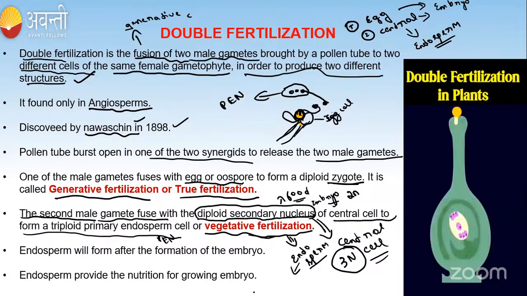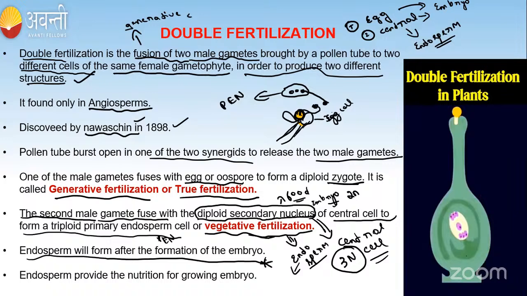Okay, fine. So the endosperm will form after the formation of the embryo. It is very, very important. In the angiosperm, first the embryo will form. The fertilization will happen, the embryo will form, and after the formation of the embryo, immediately the endosperm is going to be formed. Why actually?